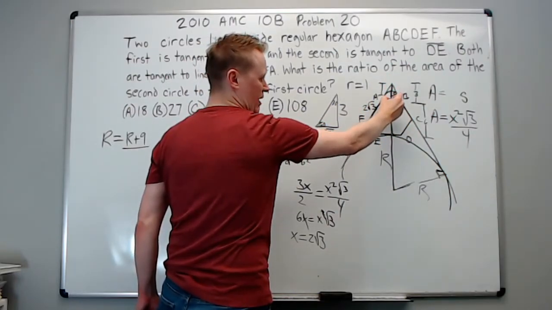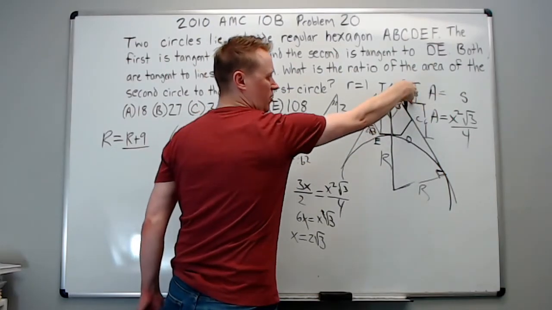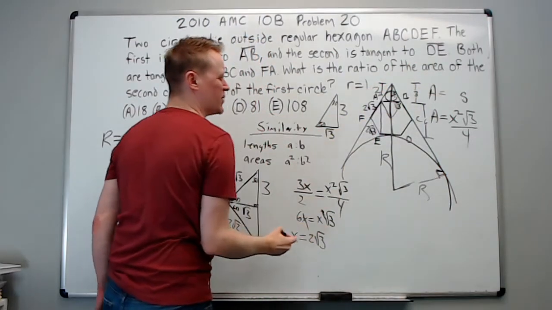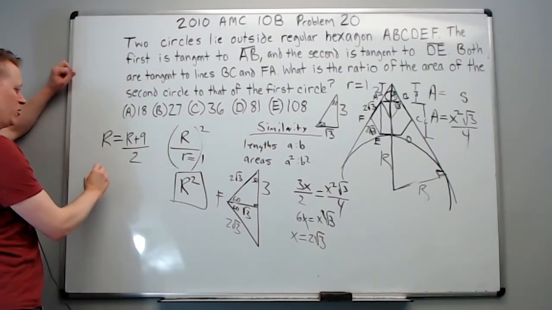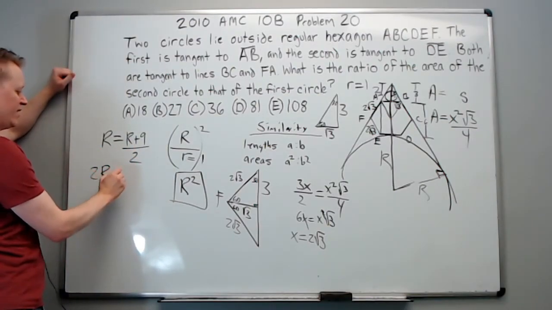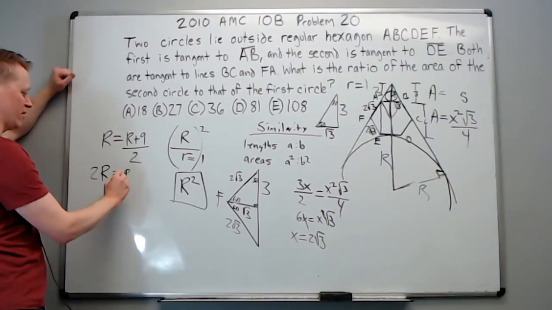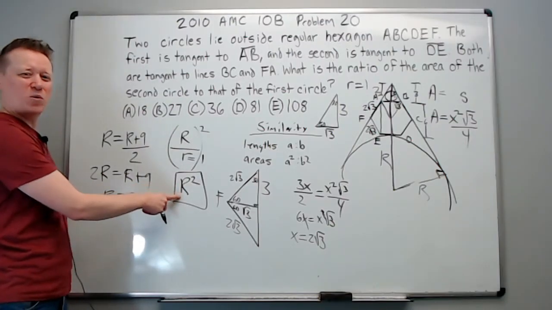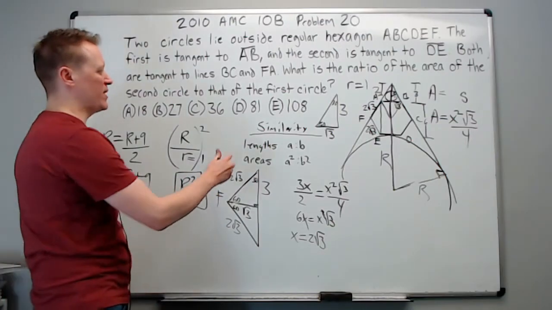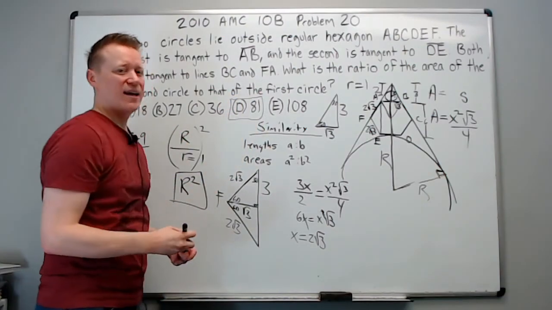Since this radius is 1 and the whole thing is 3, that part must be 2. And we can put it over 2. Cross multiply, you will get 2r equals r plus 9. Then when you subtract r, you get r equals 9. Again, all we want is r squared, so that means r squared is 81, and it is the answer.